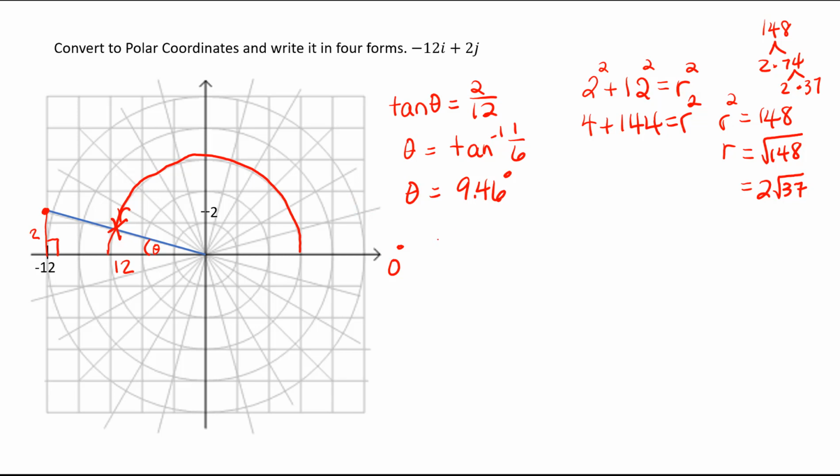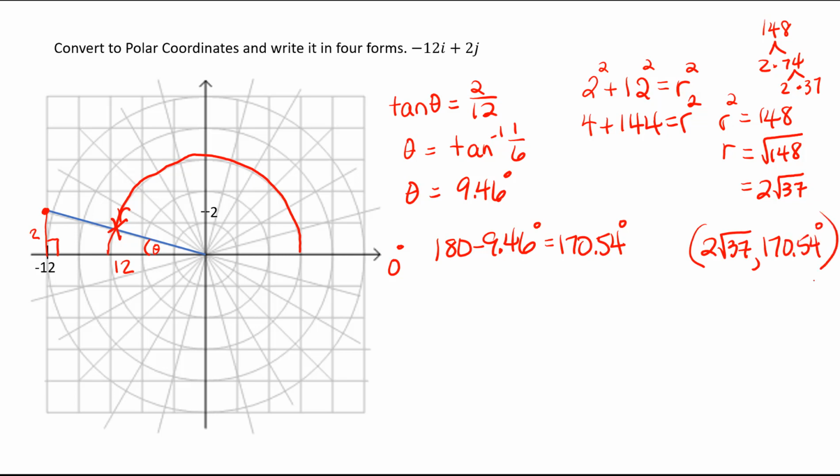So 180 minus what we got for theta is going to give us 170.54 degrees. Okay, so one answer we can put is 2 times the square root of 37 for r, and then theta 170.54 degrees. So that's one way to write it.